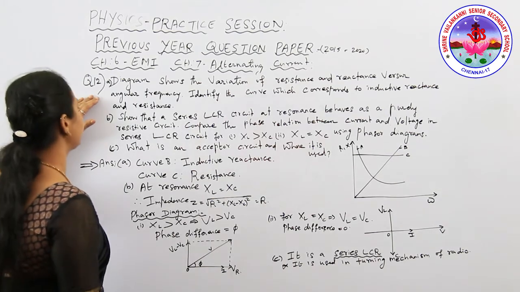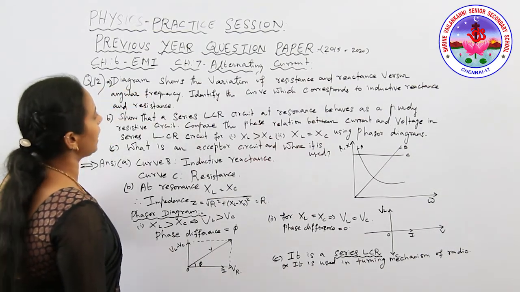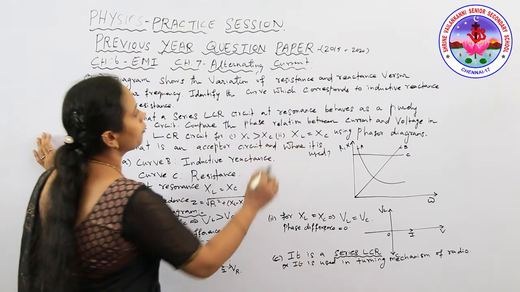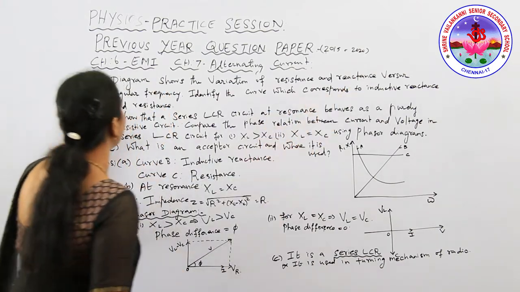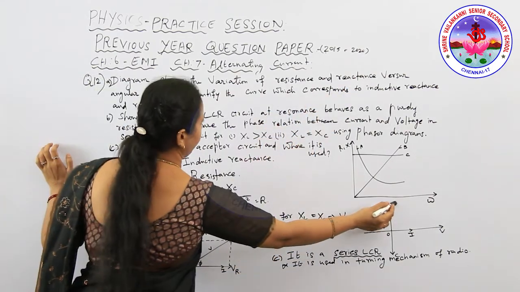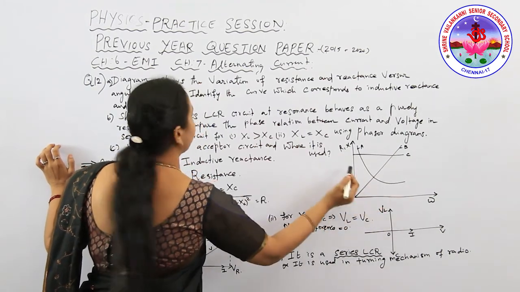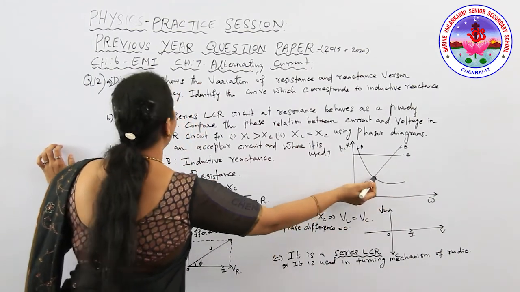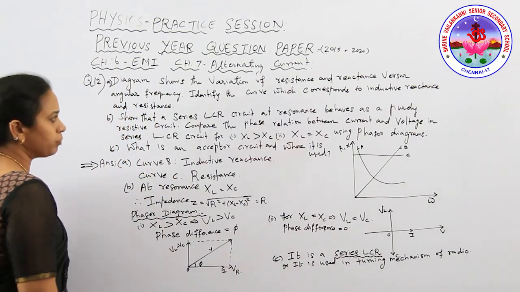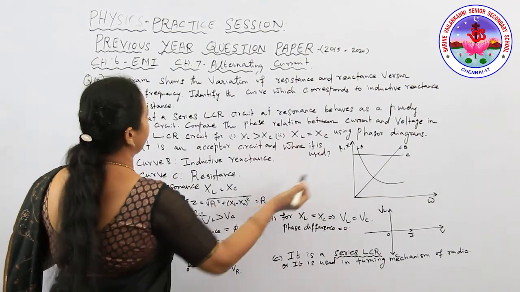This question: the diagram shows the variation of resistance and reactance versus the angular frequency. Resistance and reactance versus angular frequency, we have the graph here.